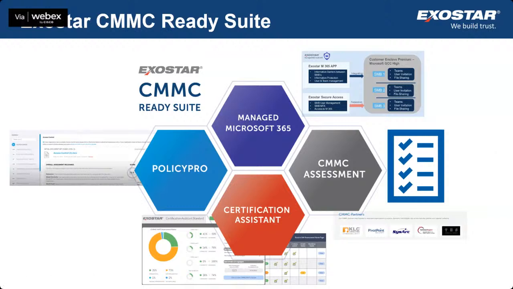All right, everybody, thanks. So as David mentioned, PolicyPro is part of Exostar's CMMC Ready suite. That suite includes not only PolicyPro that David covered today, it also covers Certification Assistant. Certification Assistant is an application that allows you to walk through that NIST 800-171 self-assessment.